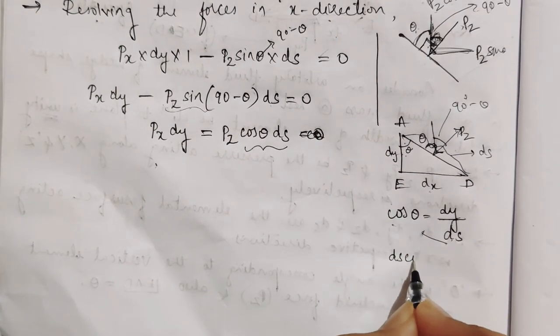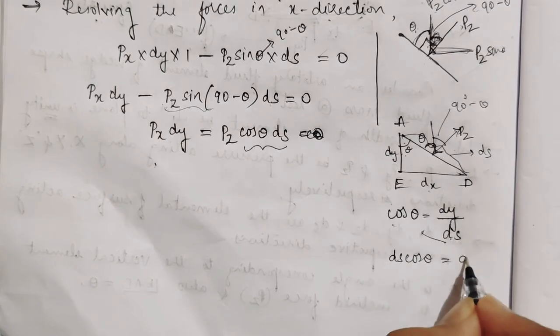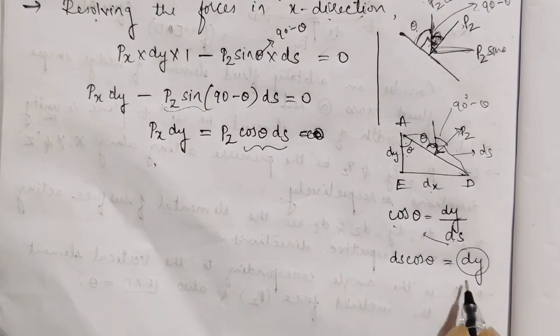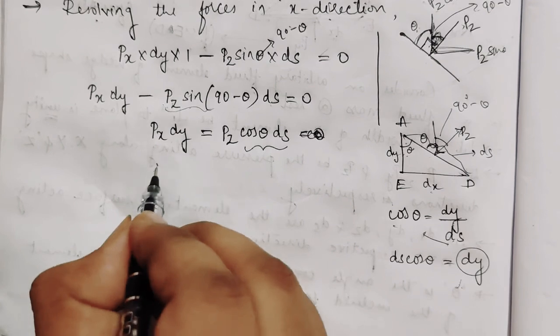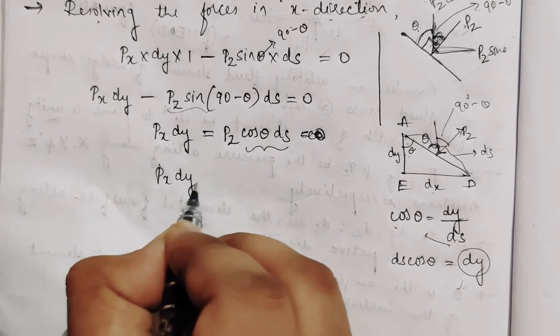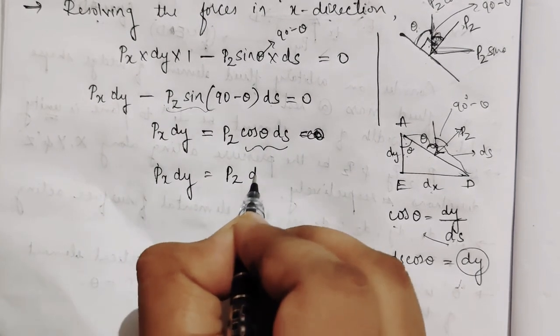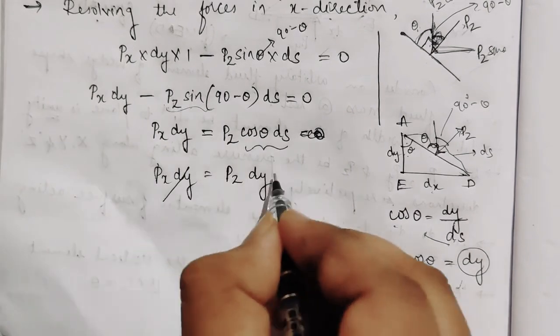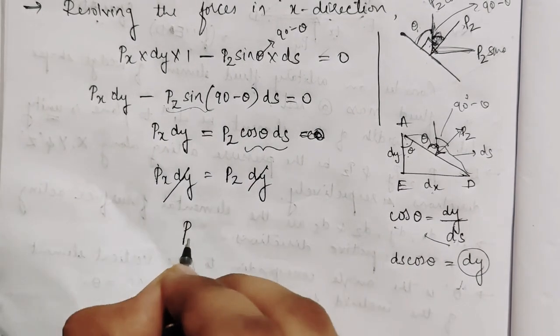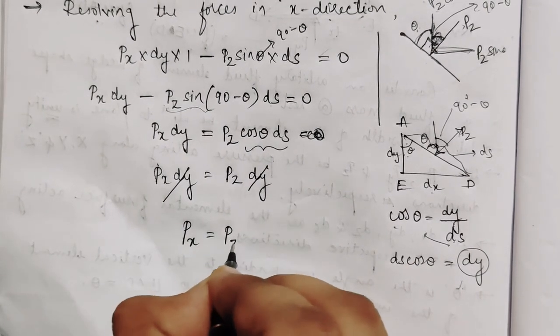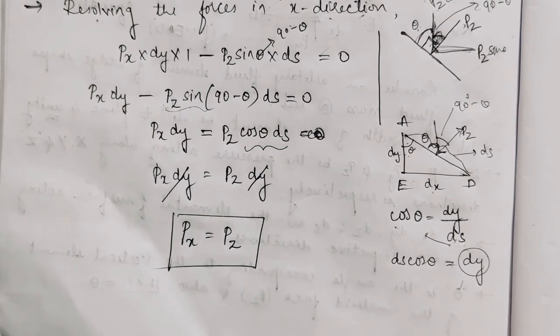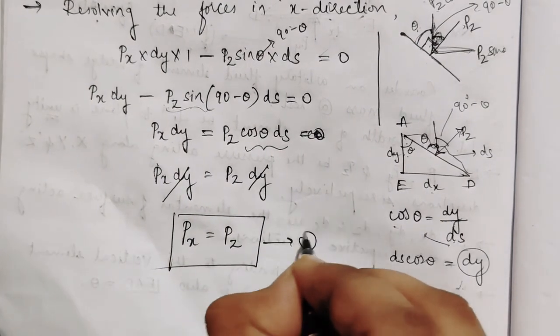So ds into cos theta is nothing but dy. From this term, px into dy is equal to pz into dy, so this dy cancels, and px is equal to pz, equation number 1.